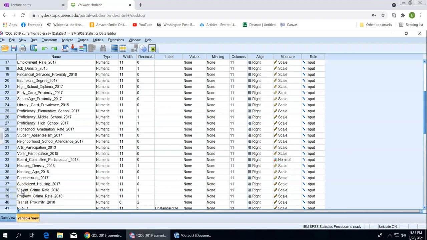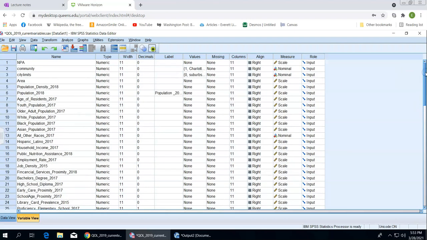I thought population density might be, because the more people you have in an area, the more crime you might have. I thought the employment rate might matter.